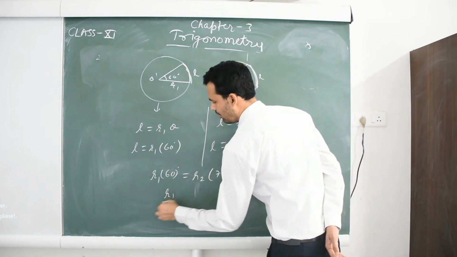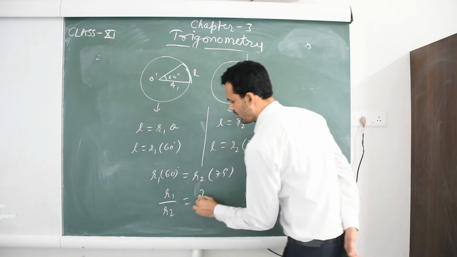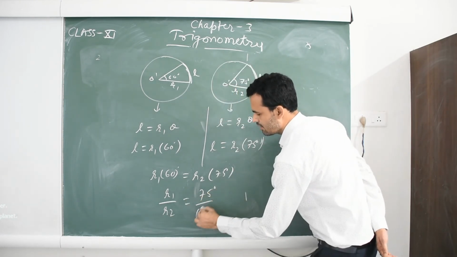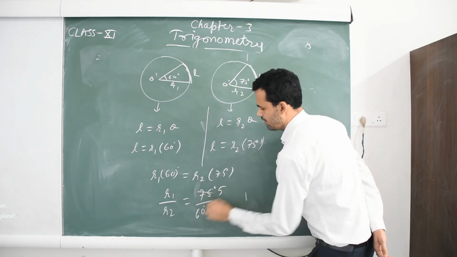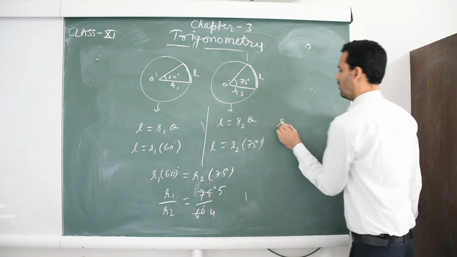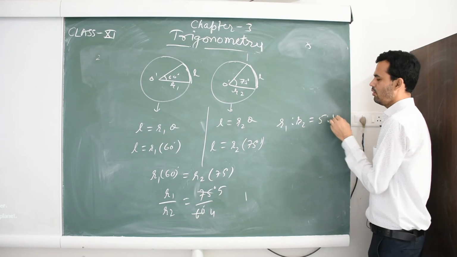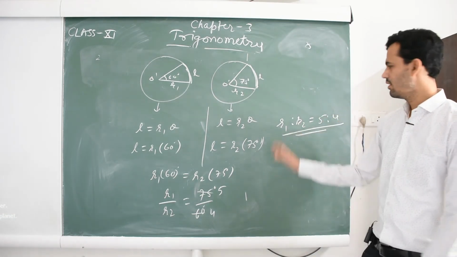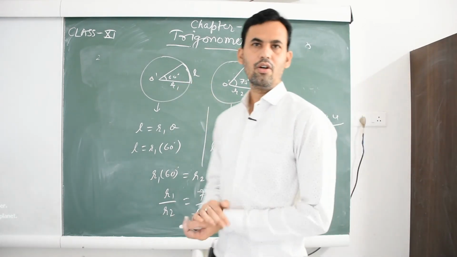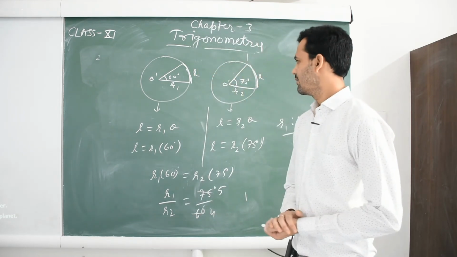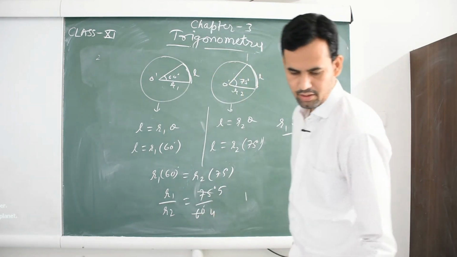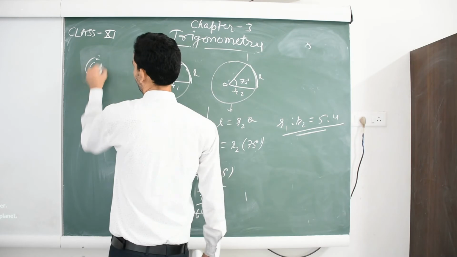So R1 upon R2 equals 75 degree upon 60 degree. 15 5s are 75, 15 4s are 60. So R1 ratio R2 equals 5 ratio 4. This is the ratio of the radius of both circles. Okay. Next, this was question number 6.